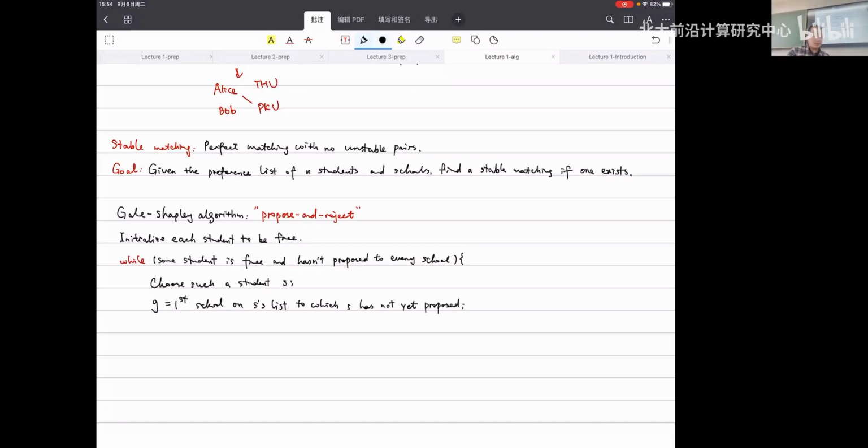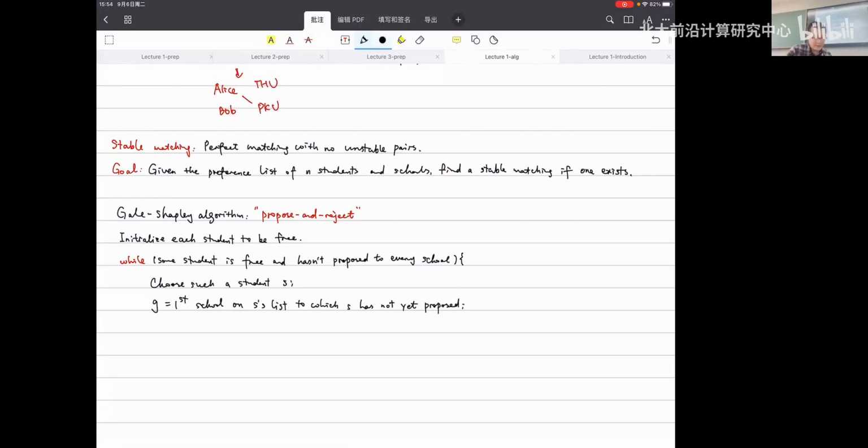This is very natural because you choose a student who has not proposed to every school, and students always want to find the school that they really like. So we consider G to be the first school on S's list to which the student has not proposed.